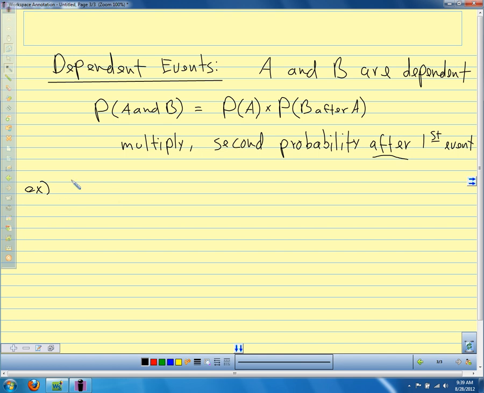So our example, we have a bag with marbles in it. A bag with marbles is a classic probability problem. So we have 5 red and 6 blue. We want to find the probability of blue then red.